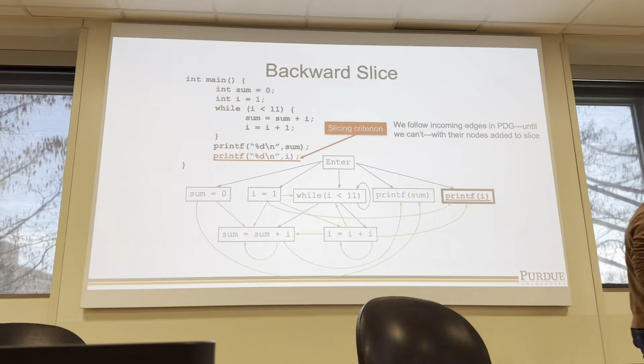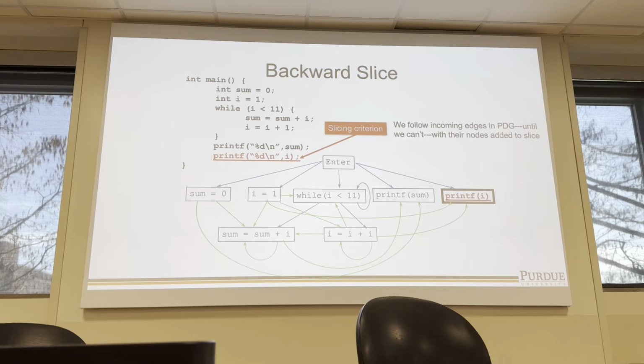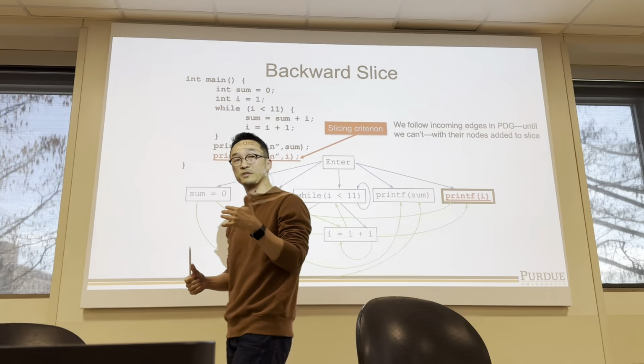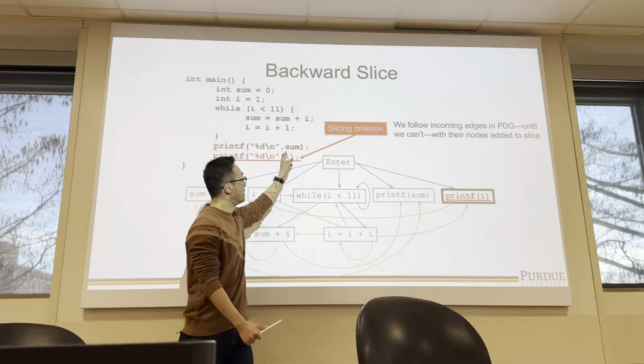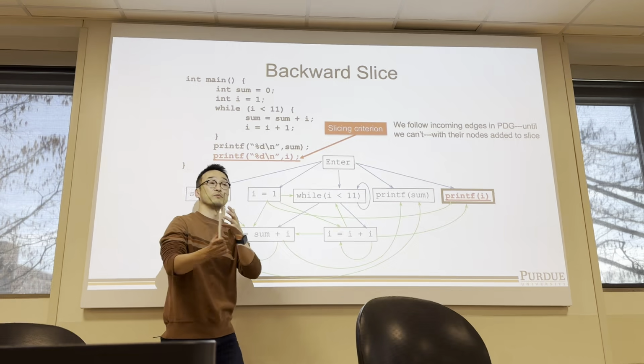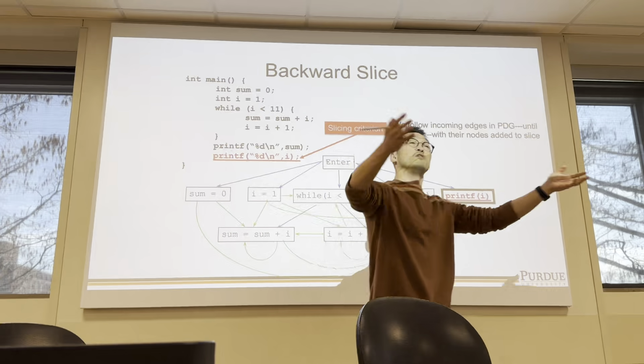So then you now need to figure out, all right, if I'm interested in the program value of I at this very program point of interest, which are the instructions or preceding statements that can possibly influence the value of I at this very point. I mean, your I could be used in whole different places, right?